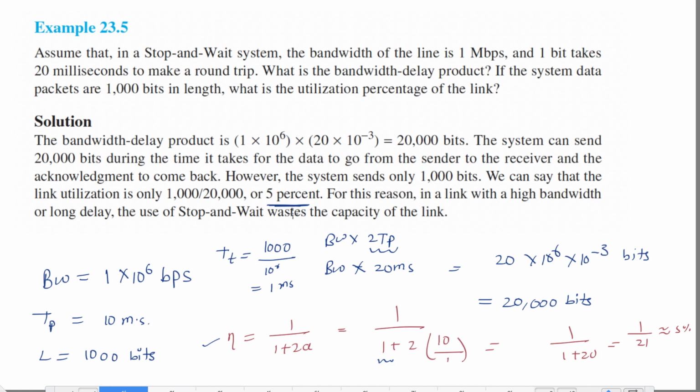But with this question, I want to convey one thing, that this bandwidth into delay product and this A are almost similar. So if you notice this A, or let me call it 2A, 2A is nothing but 2 into propagation time upon transmission time, which is 2 into TP upon transmission time, and transmission time is length upon bandwidth.